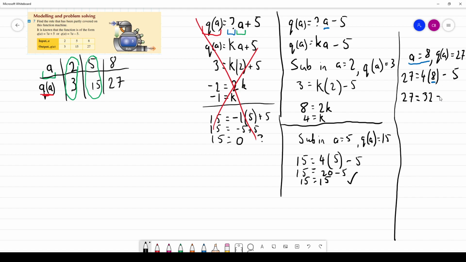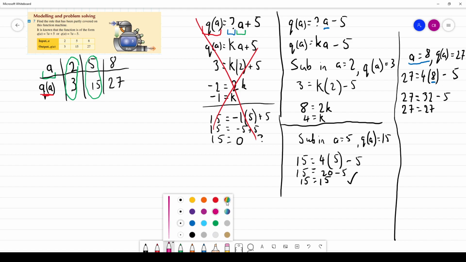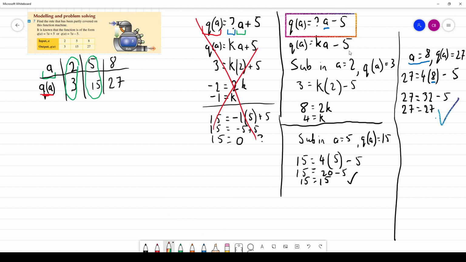I'll just say it's 32. Minus 5. We will get 27 equals 27. This equation is true. 27 does equal 27. So I'm pretty happy to say, ooh, how happy am I? Maybe I'm this happy. This is our equation. That is the rule that has been partly covered on the function machine.